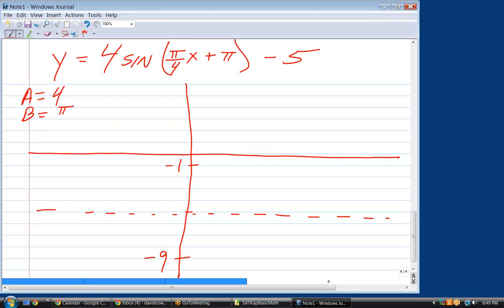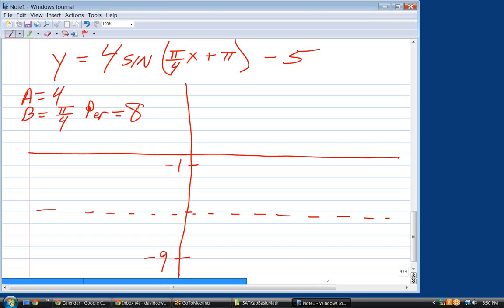B is pi over 4, which makes the period 2 pi divided by pi over 4. So then you have to flip it, so it would be 8.